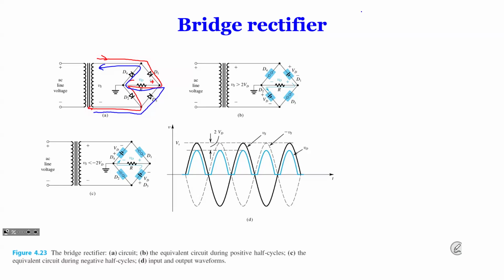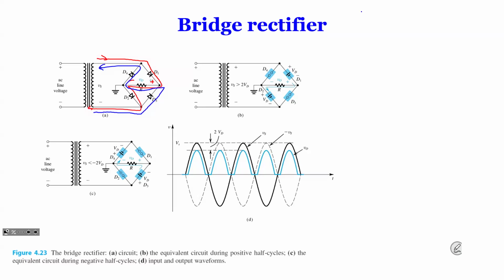So we have an equivalent circuit on this side. Now, of course, since you have two diodes, it's going to drop twice the voltage, like 0.7 plus 0.7. So the output, instead of minus 0.7, now the difference is 1.4.